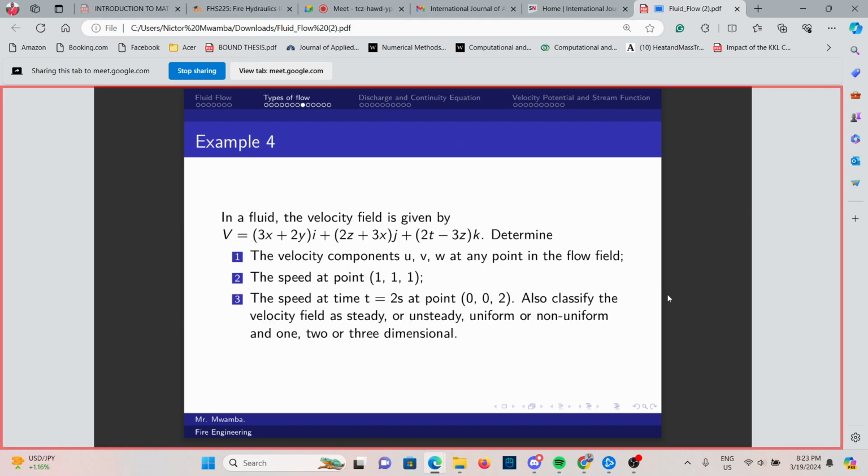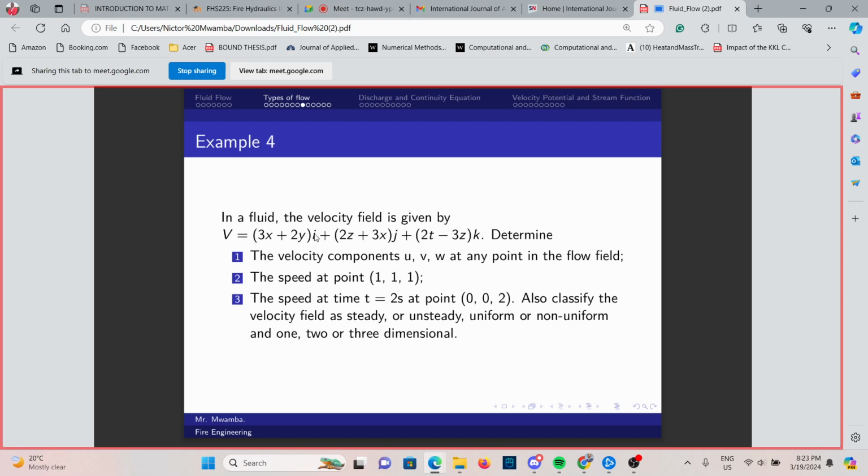So let's do an example. In a fluid, the velocity field is given by that equation: V is equal to 3x plus 2y i plus 2z plus 3x j plus 2t minus 3z k. The i's, j's and k's represent the direction of these components.